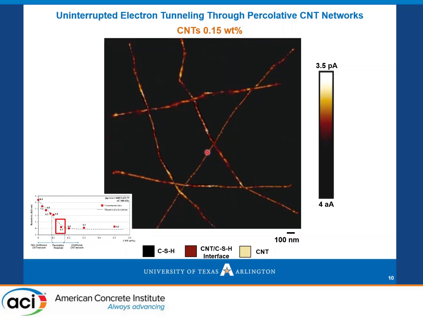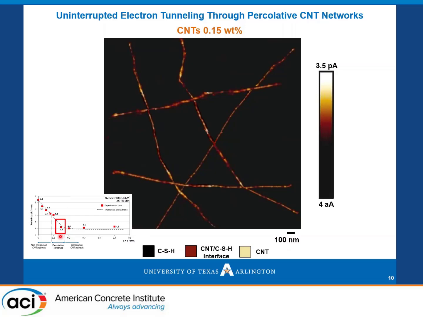And we see continuous CNT networks in our current mapping. That means that the electromobility is completely governed by a continuous network. Indeed, we see here in my insert, the electrical resistivity reaches a very low value, 4.3 kilo ohms times centimeter. That means that we are talking about a high electrical conductivity.